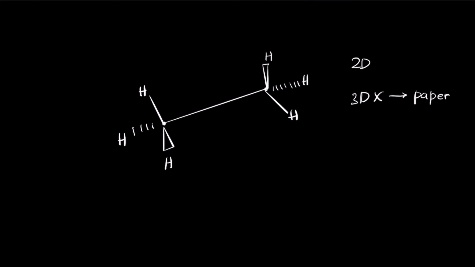So what does the wedge dash drawing indicate here? It indicates the three-dimensional structure on a two-dimensional plane.